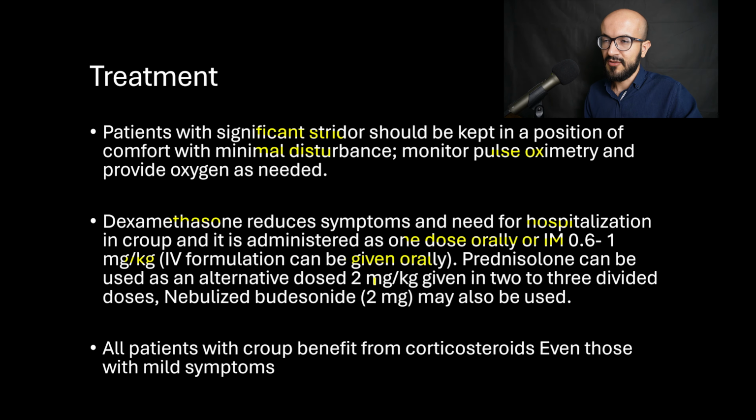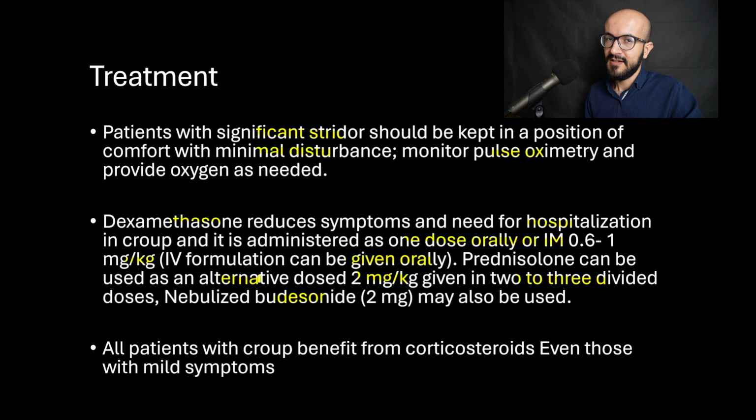Now, prednisolone, on the other hand, can be used as an alternative, and it is dosed as 2 mg per kilogram, and it is given in 2 to 3 divided doses. And nebulized budesonide, which is dosed as 2 mg, may also be used.